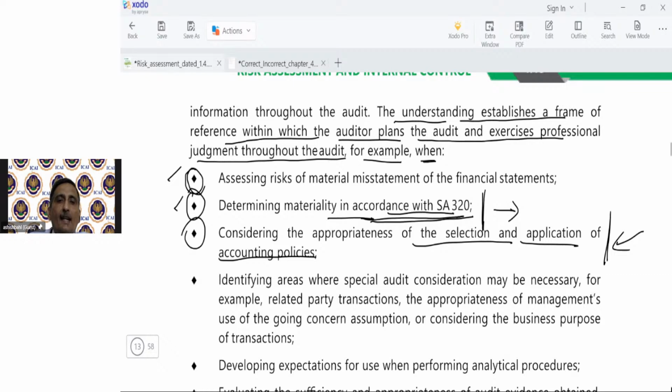Identifying those areas where special audit consideration may be necessary. Okay, for say related party transactions.